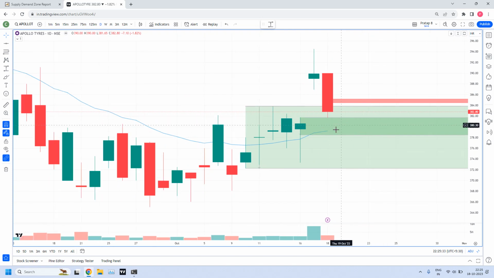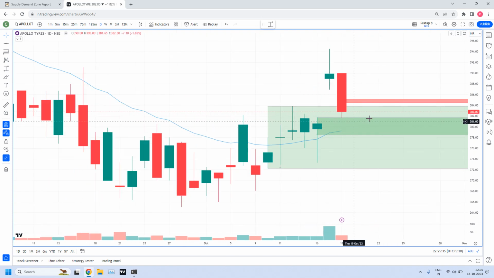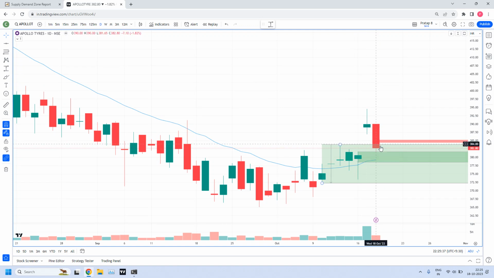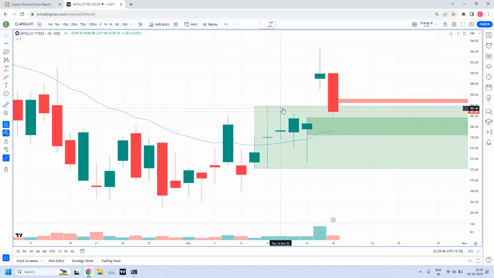So this is the trade setup. I went a little, one time frame below, because this is a fresh zone. That is 75 minutes. You may ask a question: why are we not taking entry exactly at the high of this daily zone, because this is a fresh zone?